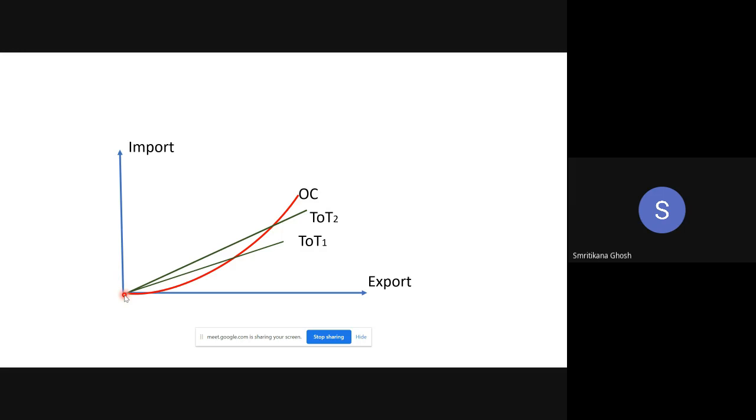No export, no import. And then, if your terms of trade is rising, TOT1, TOT2, these are the terms of trade. If these are rising, that means this line is becoming steeper and steeper like this. So terms of trade means again the value of exportable. If value of exportable is rising, you will export more.